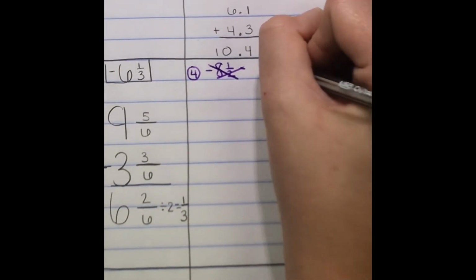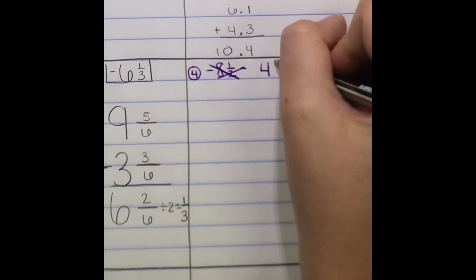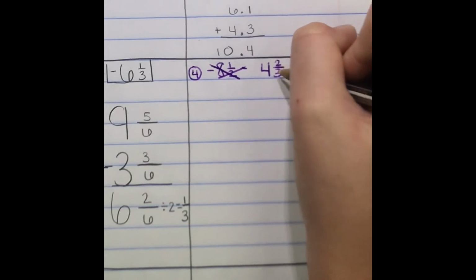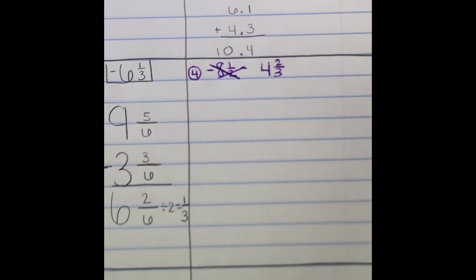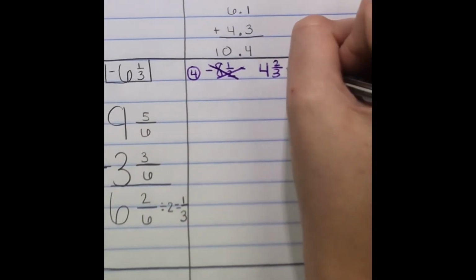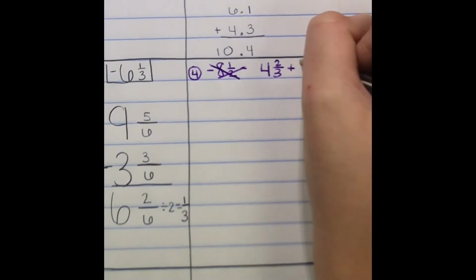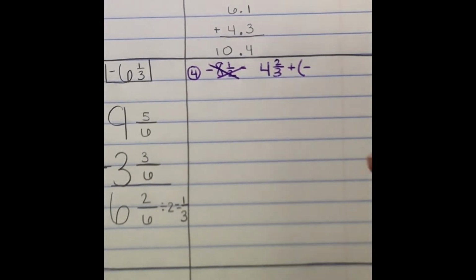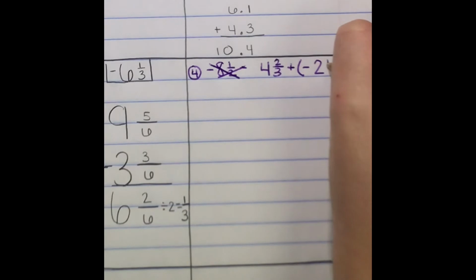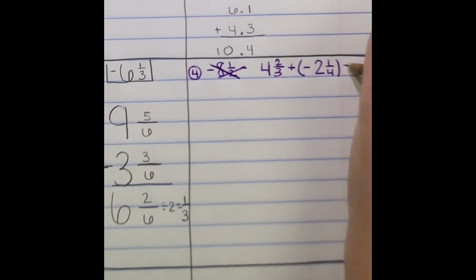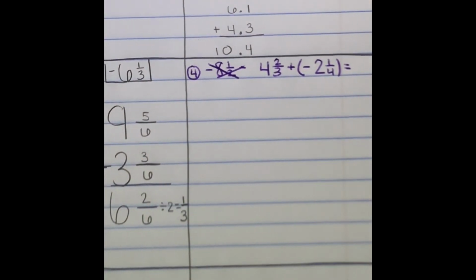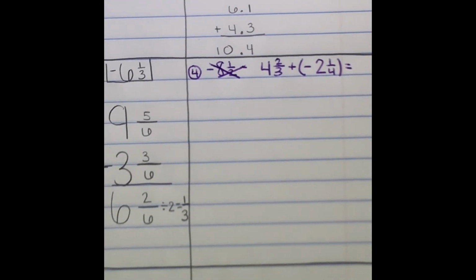I want to do 4 2/3 plus negative 2 1/4. So pause it, try it, and then play it again.